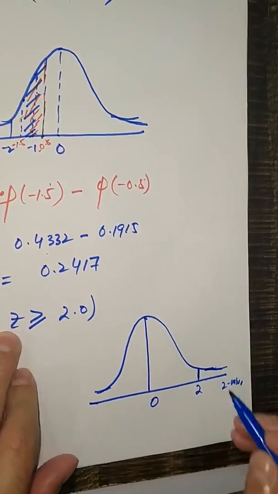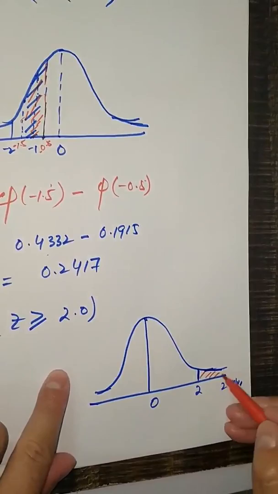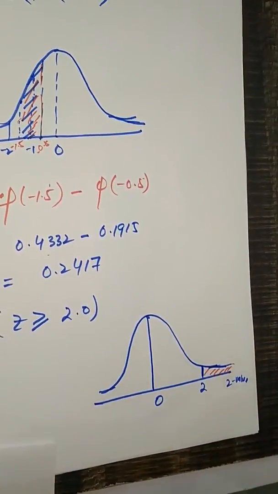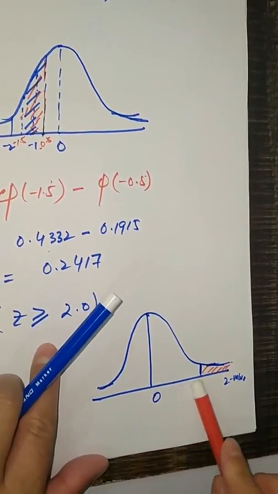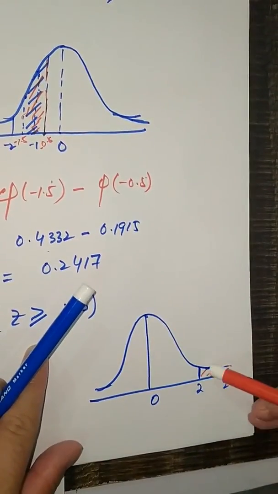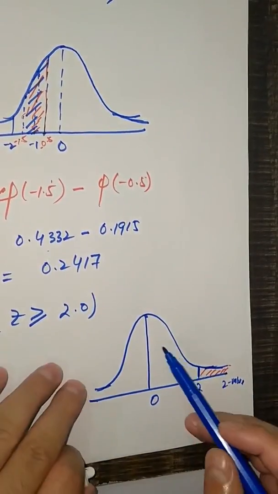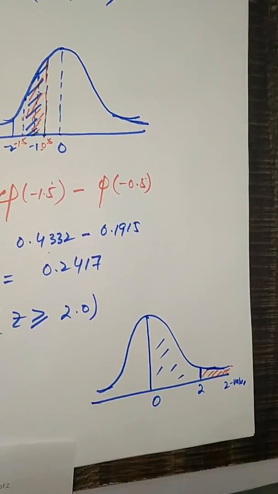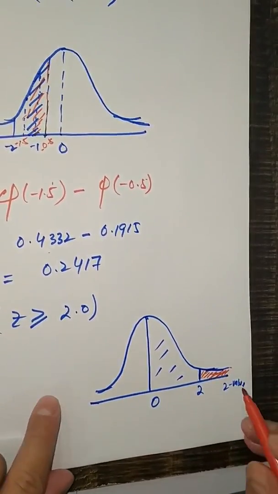So this will cover this region. The total probability of the area on the right side of the midpoint is equal to 0.5. So I will subtract this blue region from 0.5. Then I would get the area under this red region.